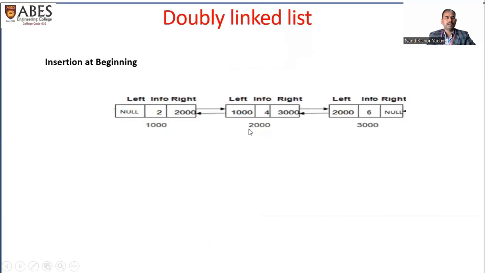So let's assume this doubly linked list in memory where we are given the address of the starting node. So this is the start variable which is given to us. Now just start writing the algorithm for insertion at beginning.